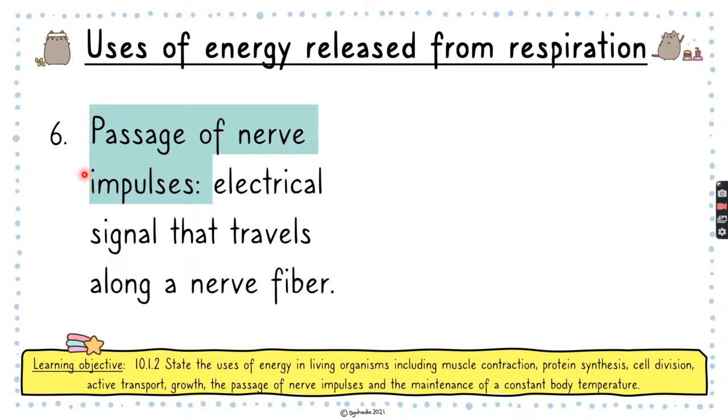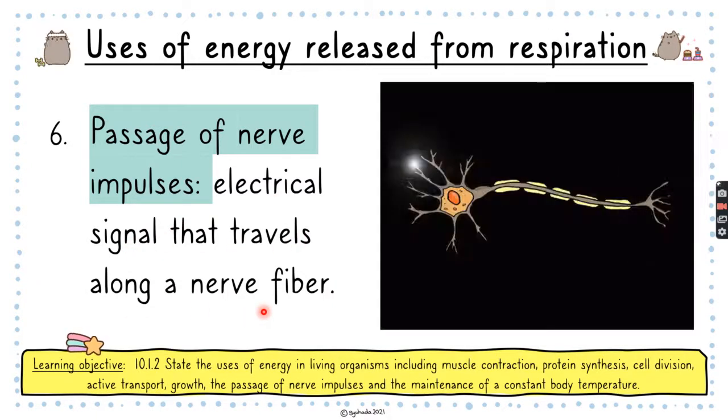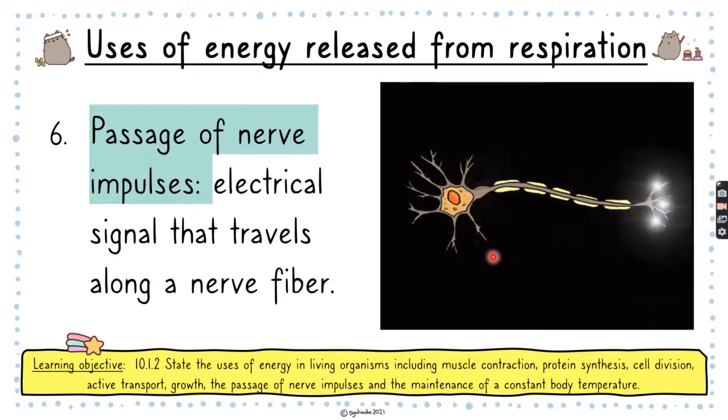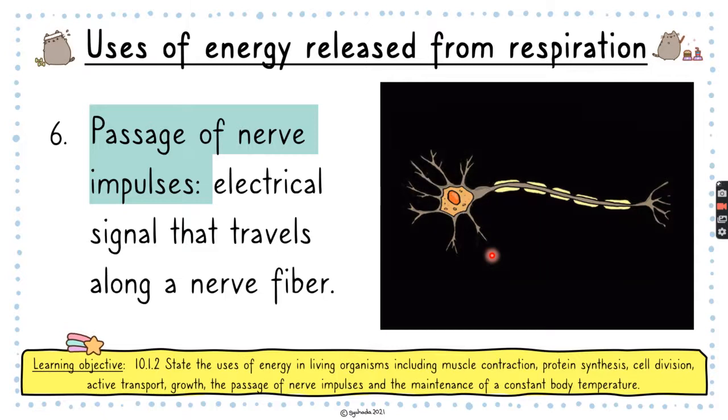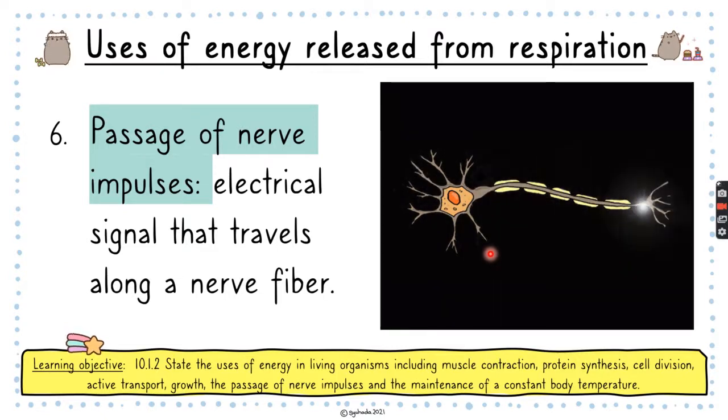All right, the 6th use of energy released from respiration is passage of nerve impulses. So a nerve impulse is basically an electrical signal, and it travels along a nerve fiber. Our nerves are part of our body system, and they help to deliver messages.